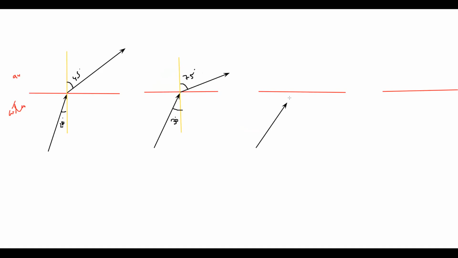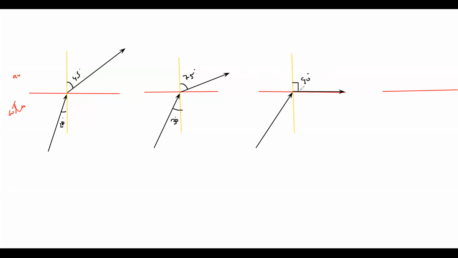If I further increase the angle of incidence, the angle of refraction will also increase, and it travels along the surface. When it travels along the surface, it means the angle of refraction is 90.